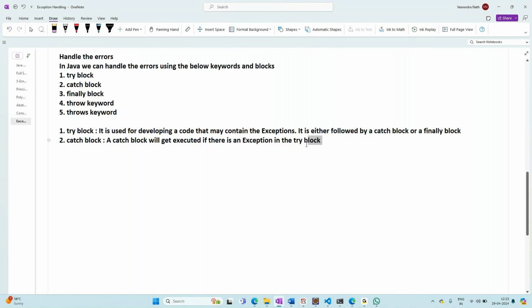If there is no exception, it won't get executed. If there is an exception, it will get executed.